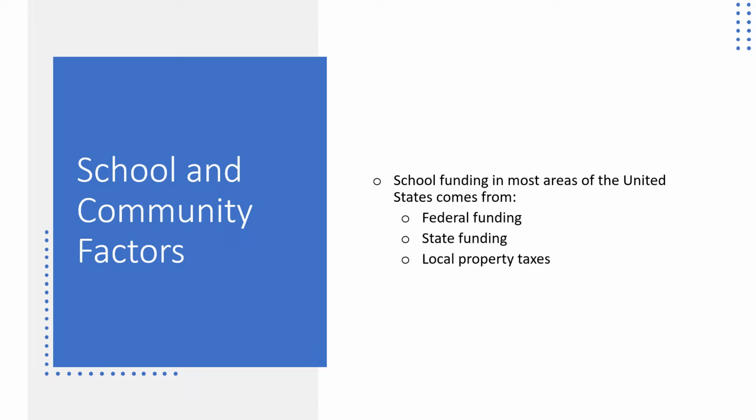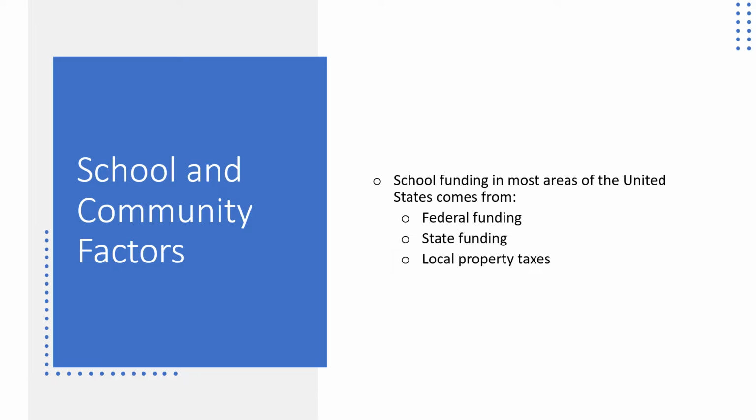Now let's think about this. If the local property taxes in an area are lower because lower income people live there, it makes sense that the schools would have less money to do the things they need to do. Therefore, schools in impoverished areas tend to be more impoverished. They tend to have older textbooks.